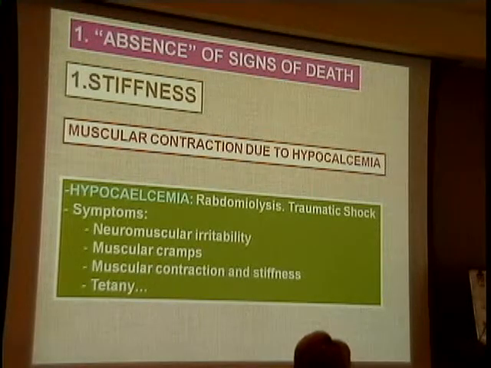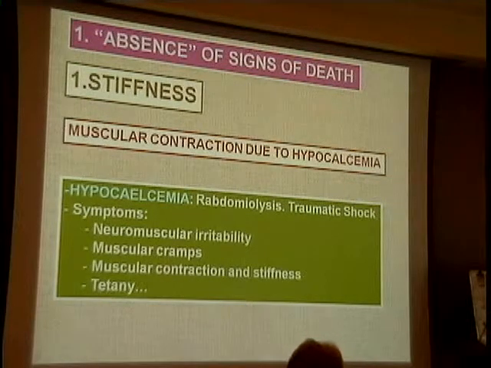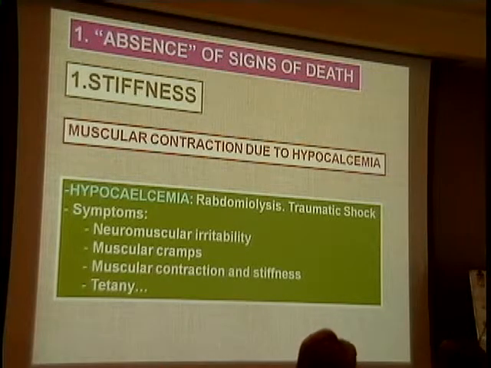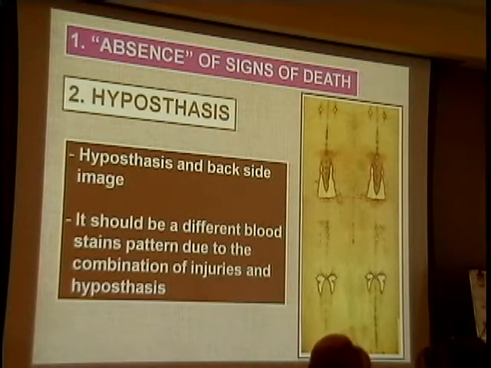It happens in traumatic shock, and some of the symptoms of this hypocalcemia include muscular contraction, general stiffness, tetany, even some kind of seizure, different problems depending on the intensity and the degree of the process of the hypocalcemia. So we have some elements that make this absence of sign of death regarding stiffness compatible.